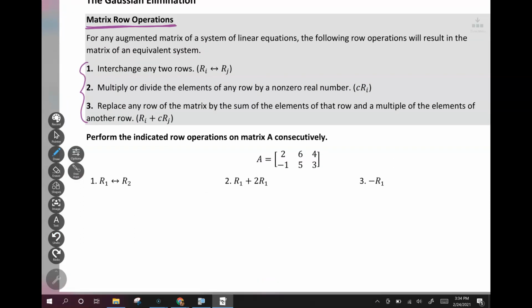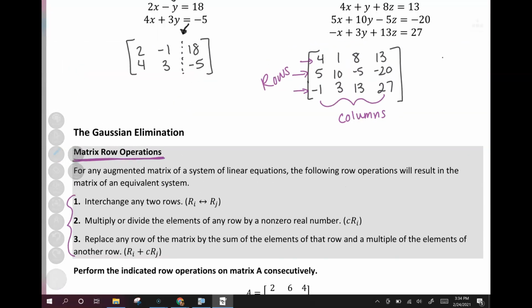Okay, and then the third thing that you can do is replace any row of the matrix by the sum of the elements of that row and a multiple of the elements of another row. So what that's saying is, I could take row 2 here, and I could add 2 of row 3 to it.